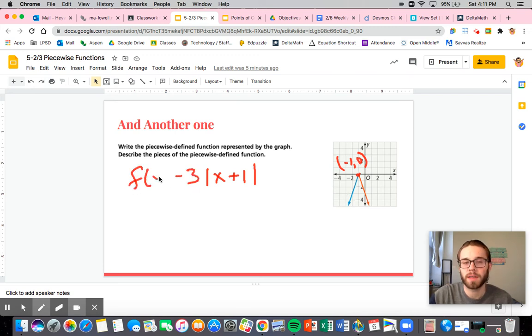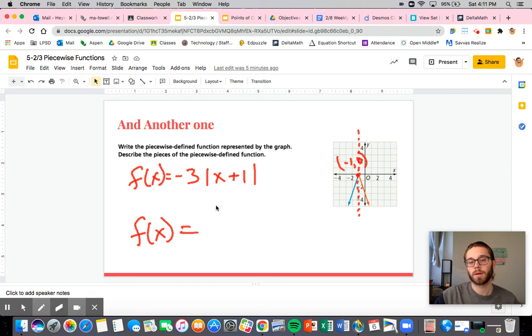So here's my function, and if I want to write this as a piecewise function, now we have to ask ourselves, where does it make the change? Well, it makes the change here at -1, my axis of symmetry. So that will be where my domain break happens. If I'm going to write this, I'm still going to do the same thing.